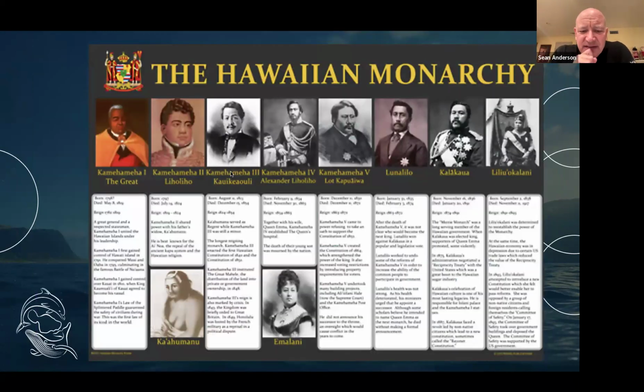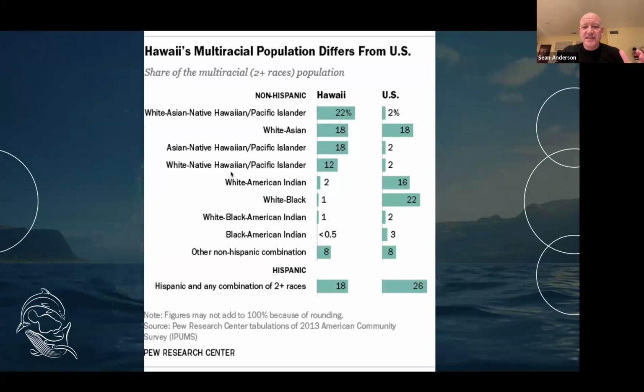And so key figures here are Kamehameha, the guy off to the left that essentially unifies the islands.